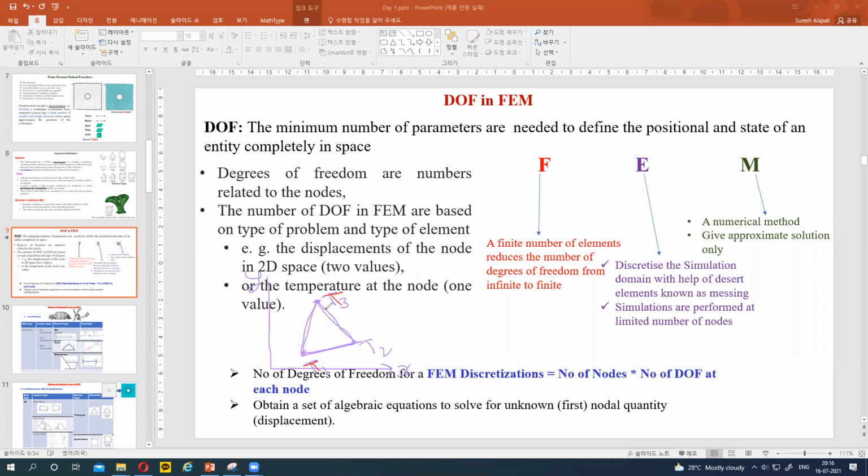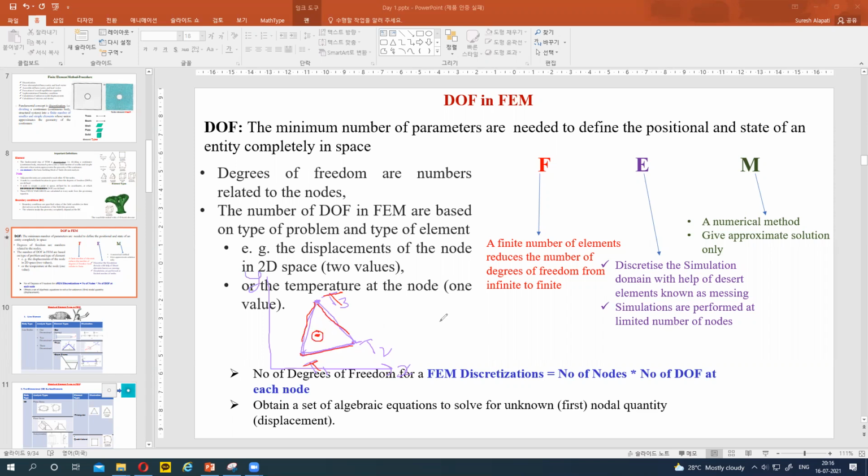But actually we have to find the temperature of the entire body, anywhere in the space. Like, I want to find the temperature here, but I only know the temperature at the nodes, not in between.